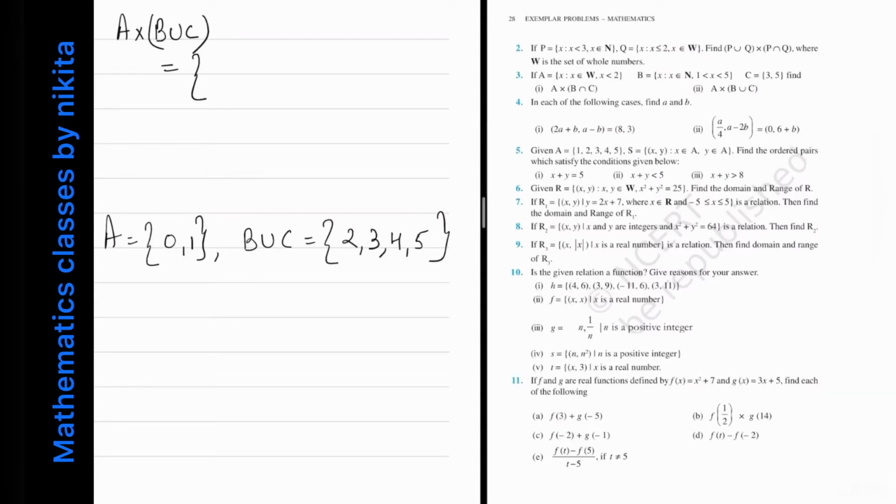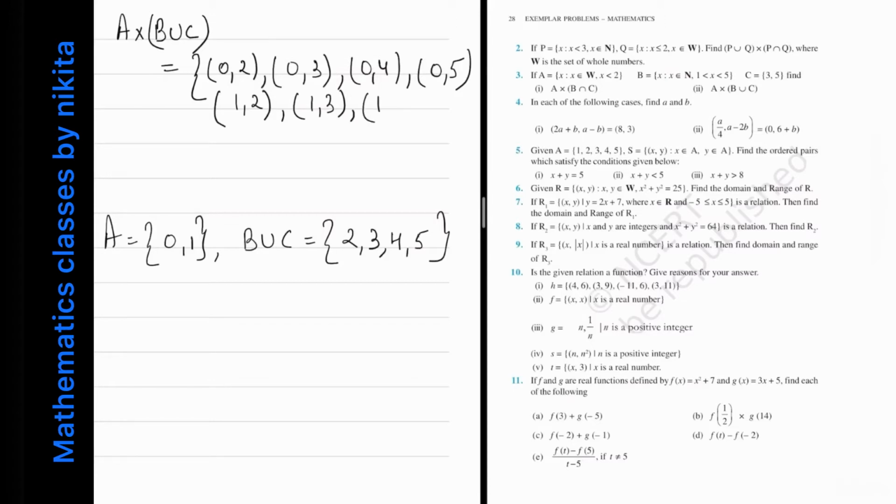You can see that A cross (B union C) will be having 2 into 4, that is 8 elements, and those 8 elements are, so first ordered pair is (0, 2), then (0, 3), then (0, 4), then (0, 5), and then you will have (1, 2), (1, 3), (1, 4) and (1, 5). So these are the 8 elements.